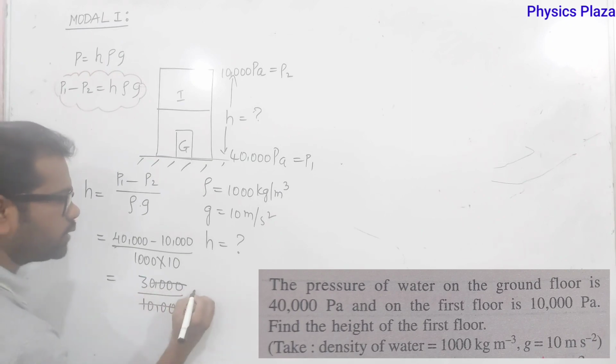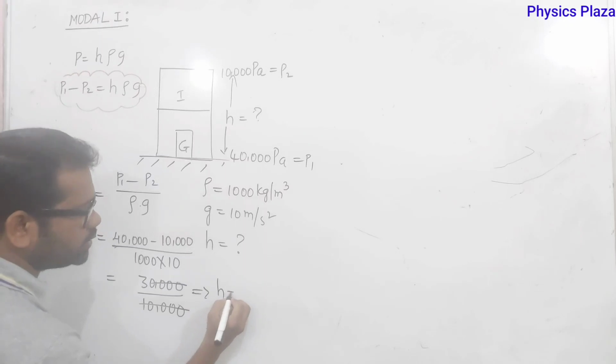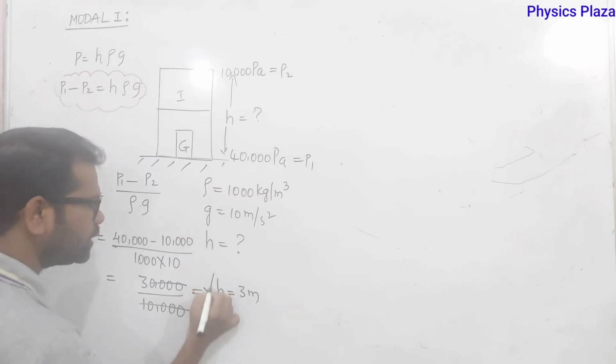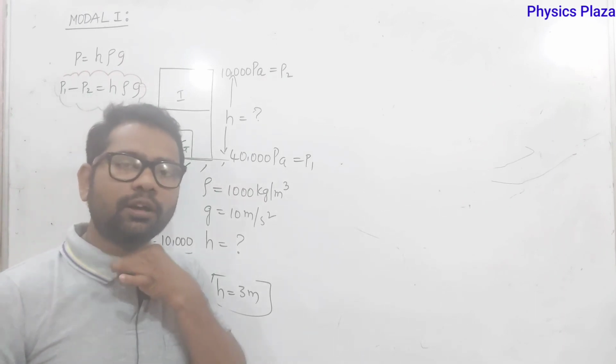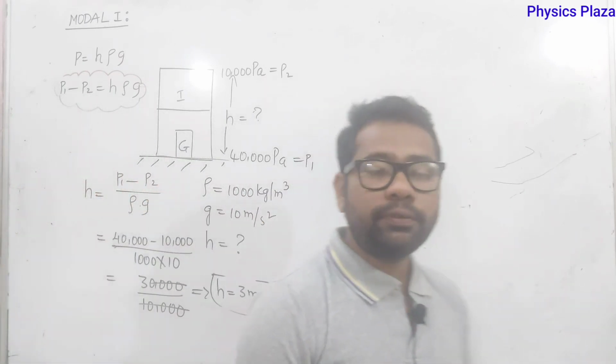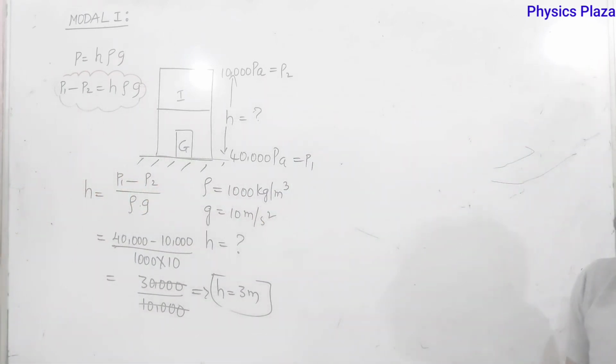The zeros get cancelled. So how much are you getting? h is equal to 3 meter. Over. It's very simple. Don't make it complicated. This is one type of numerical where both pressures will be given. They will ask us to calculate the height of the building. It might be first floor, second floor, third floor, whatever it may be. Just kindly copy it. We go to the second type of numerical.